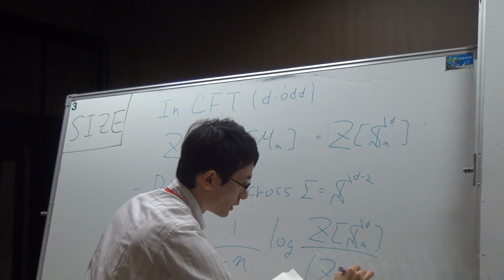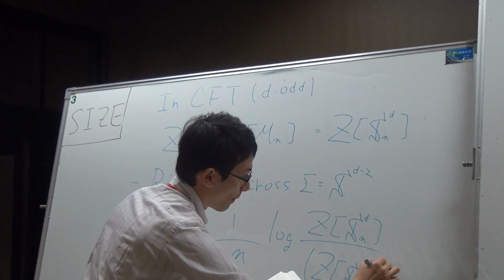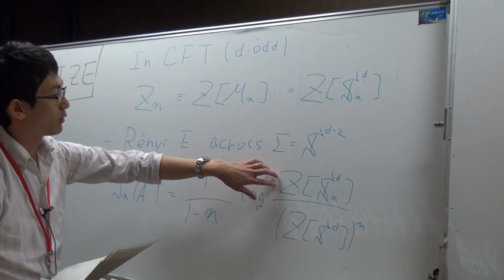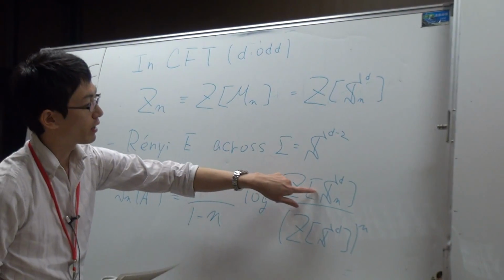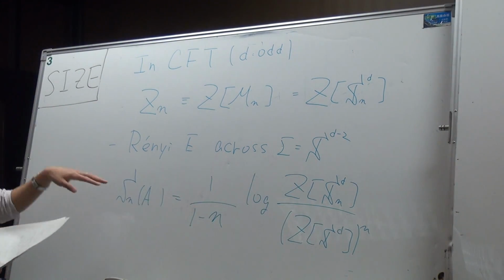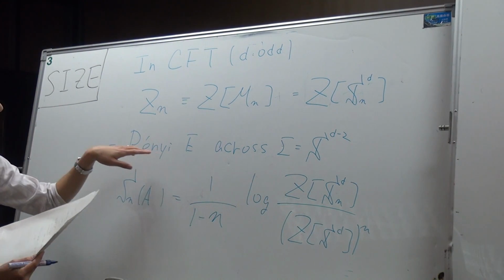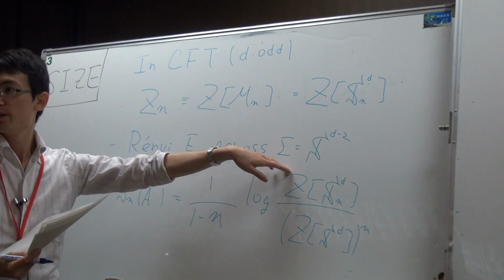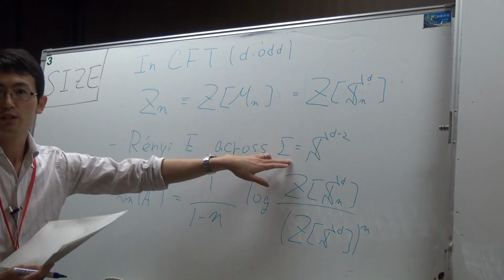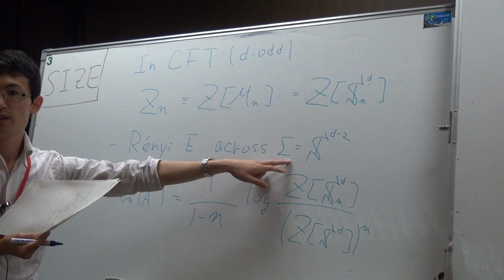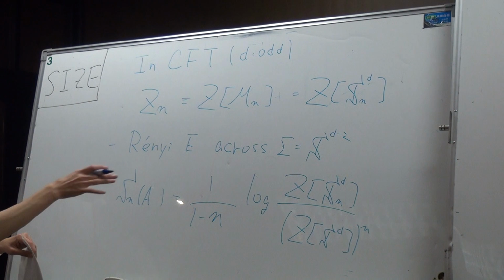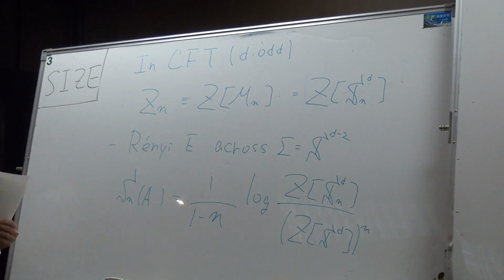This is the final result. Okay, I replace the partition function Z_n with the partition function on the n-covering D sphere after the mapping. But here I focus only on the entanglement entropy across a sphere. So it holds only for a sphere, a spherical entanglement surface. If you deform the sphere, then you cannot get such a representation.